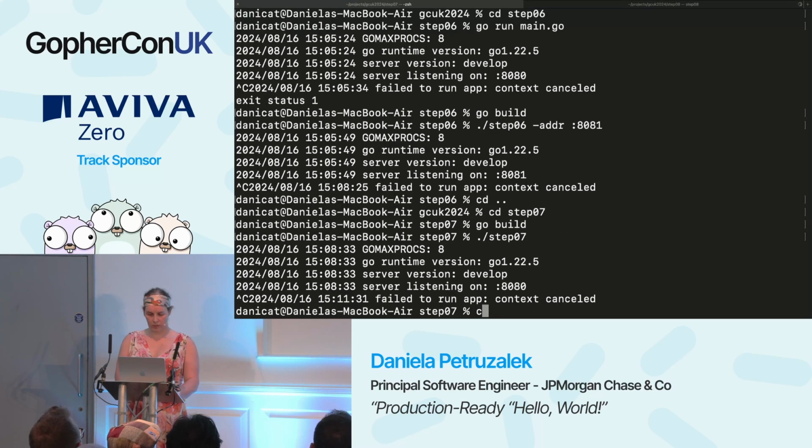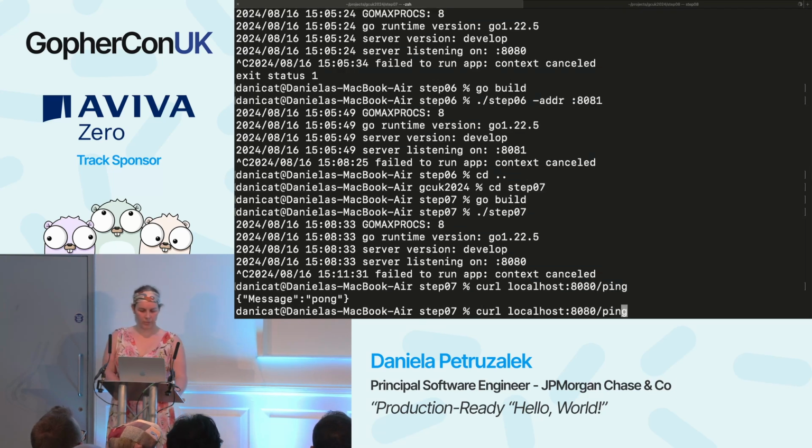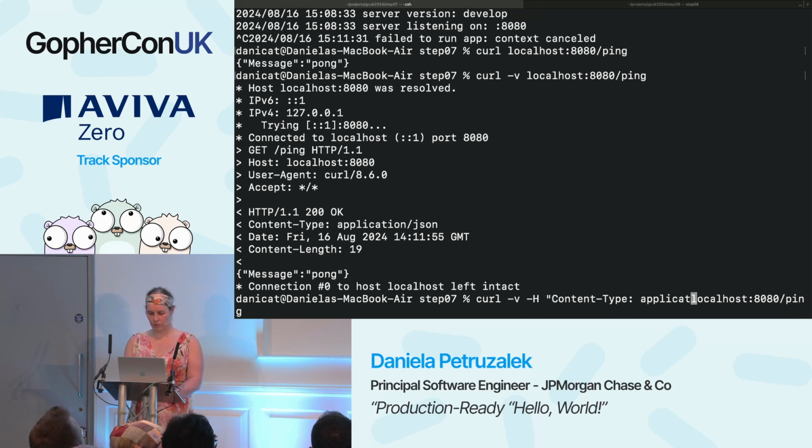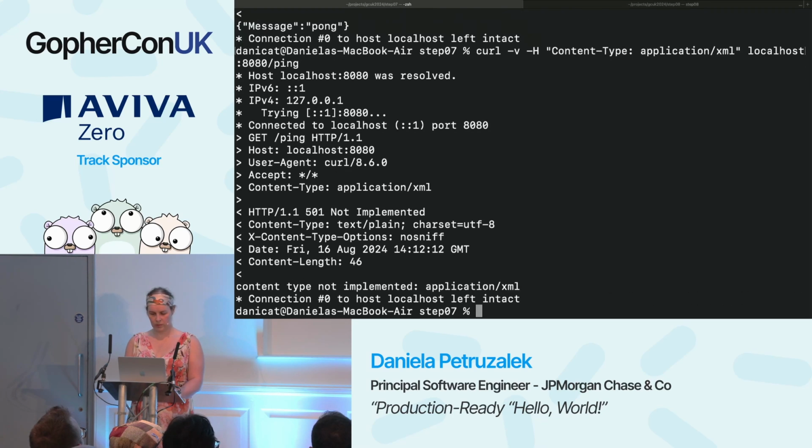And if I say curl localhost 8080/ping, it returns the message. You see, it doesn't have that dirt at the end. It's just because now it should be responsive with the proper content type. And of course, I can try to ask it for content type application XML.